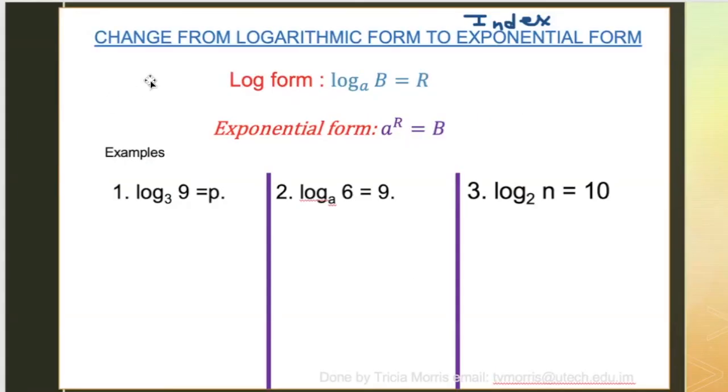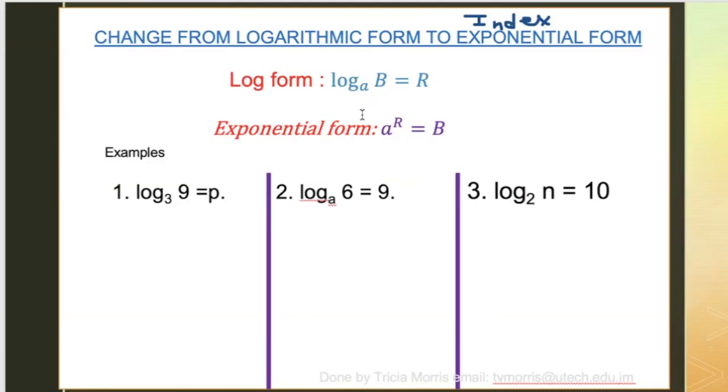Now remember I said the logarithmic function is the inverse of exponential, so we can convert from log form to exponential or vice versa. This is our base, and all logs have a base.